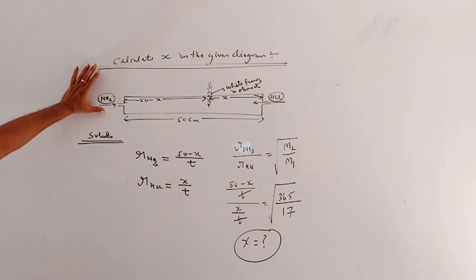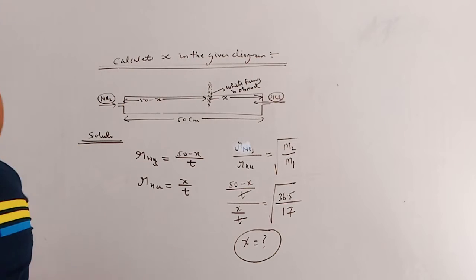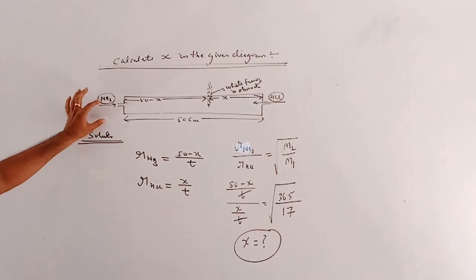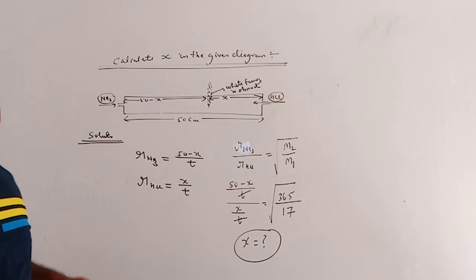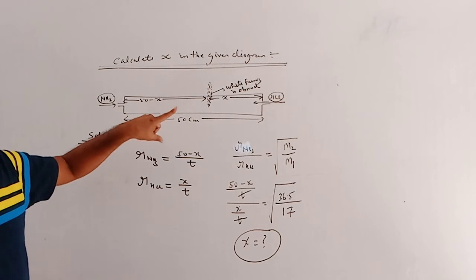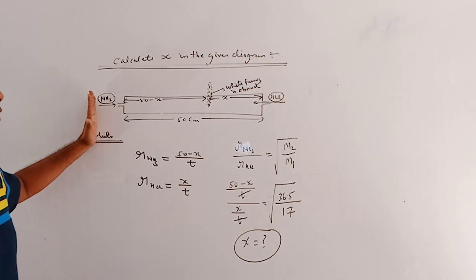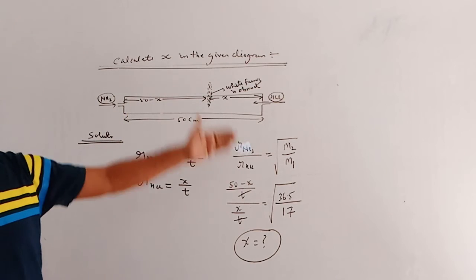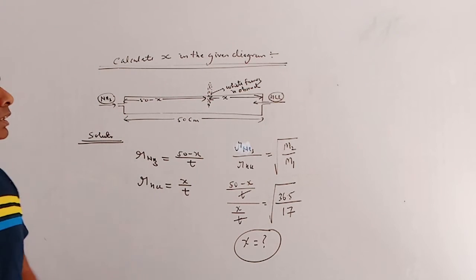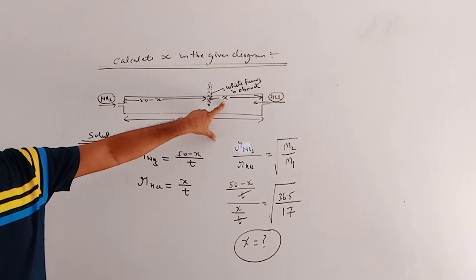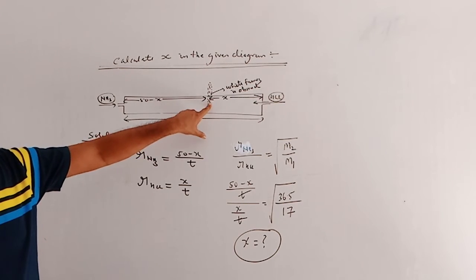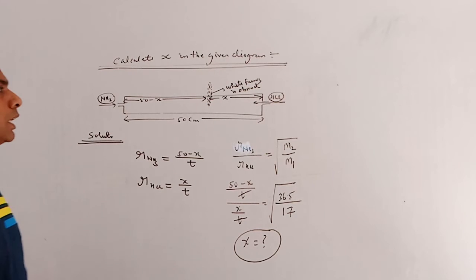Once again, according to this question, calculate X in the given diagram. Here is a glass tube of length 50 centimeter, in which at the end of the tube we have two nozzles. From one nozzle ammonia is passed and from the other HCl is passed, and at the point which is X away from the HCl nozzle, dense white fumes of NH4Cl are observed.